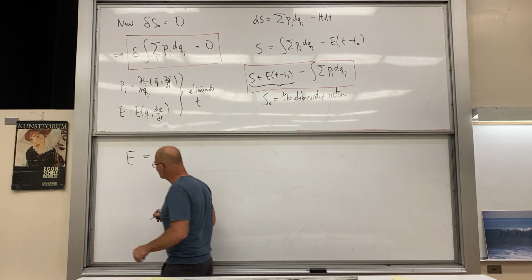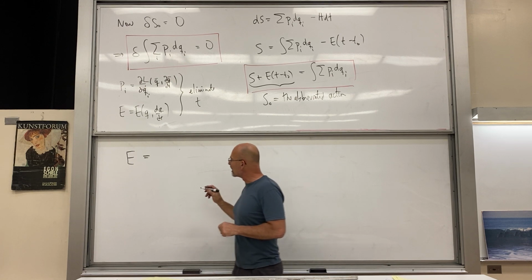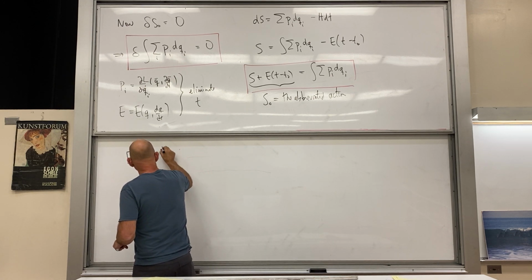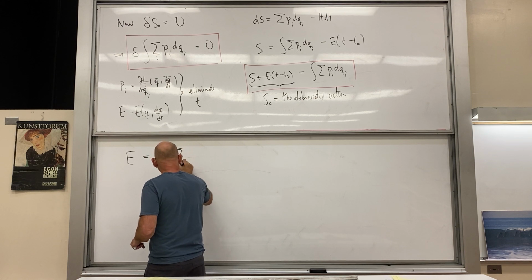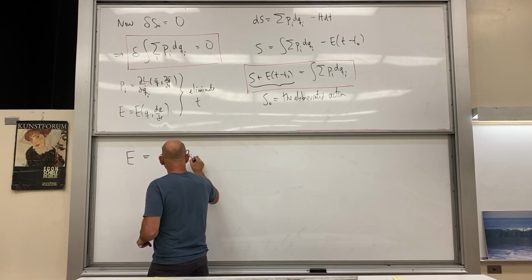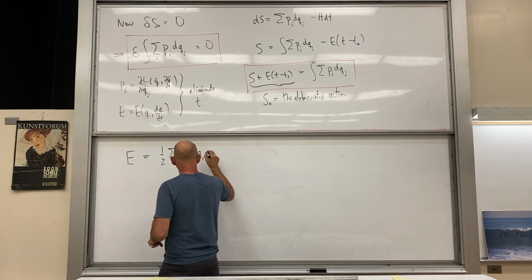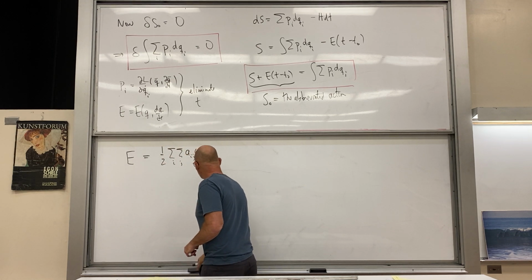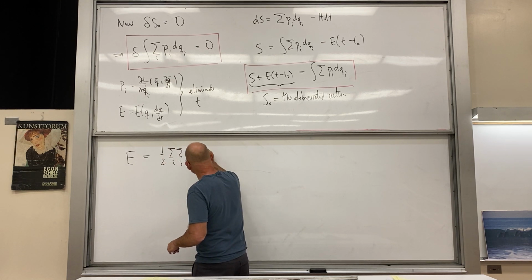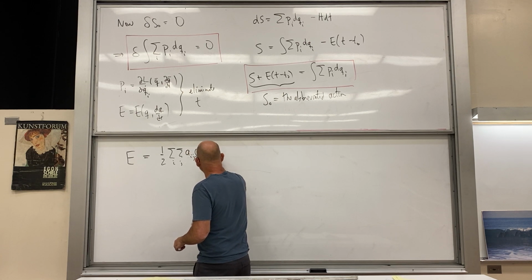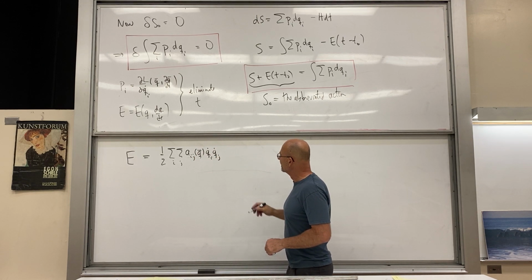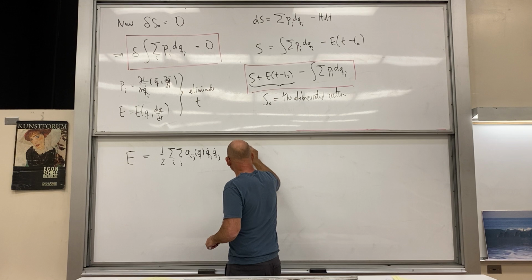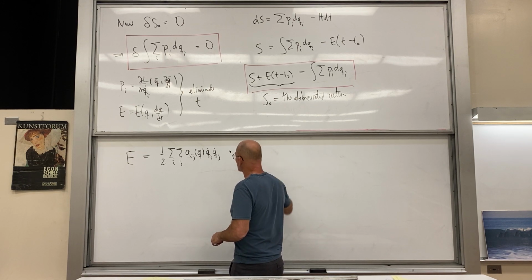First, we're going to go back to the formulation we had in our Lagrangian, and that was 1/2 double sum over i, j of a_ij of q vector, so all the coordinates, q_i dot q_j dot, plus U, which is a function of just the coordinates.